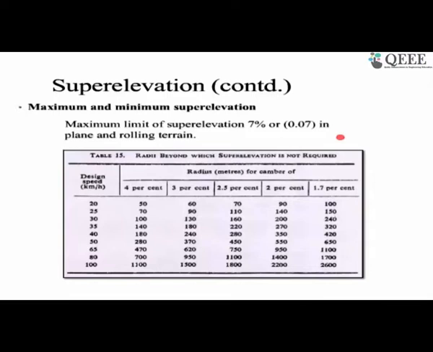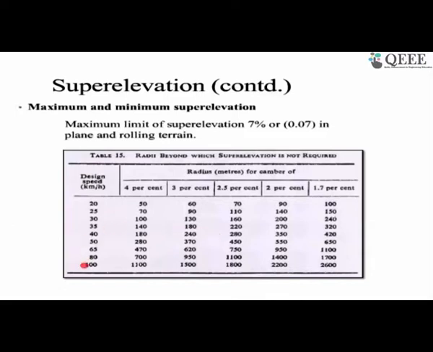So this is why at a certain radius you don't need to provide super elevation, and this is what this table is about. Radius beyond which super elevation is not required. If your design speed is this, and your camber is this, and your radius is more than these values, then you don't need to provide it.